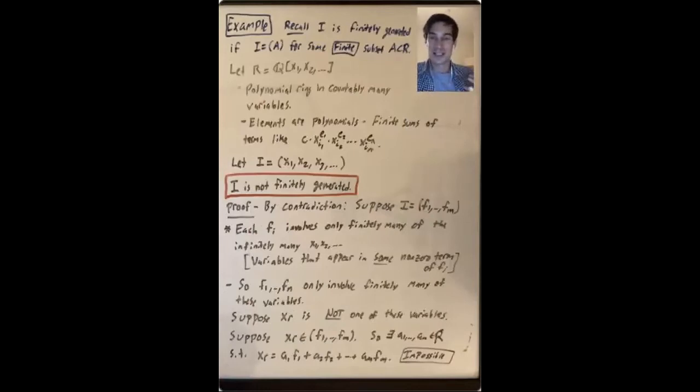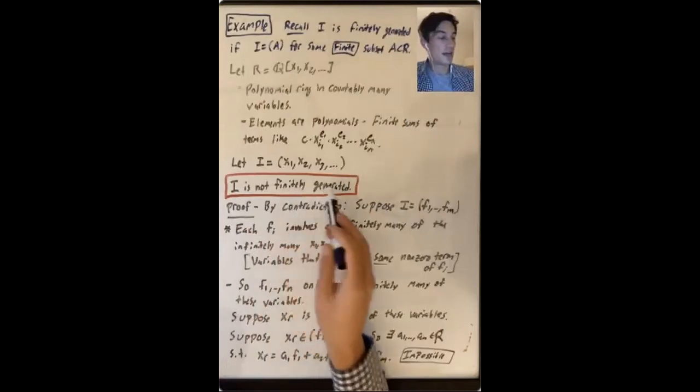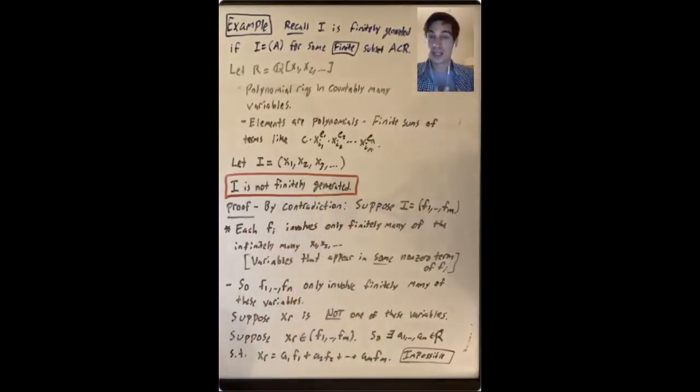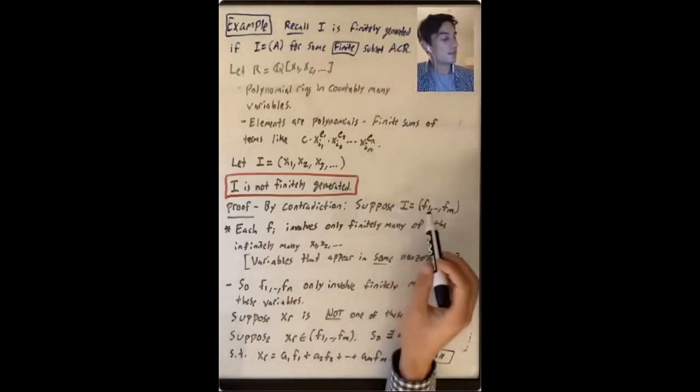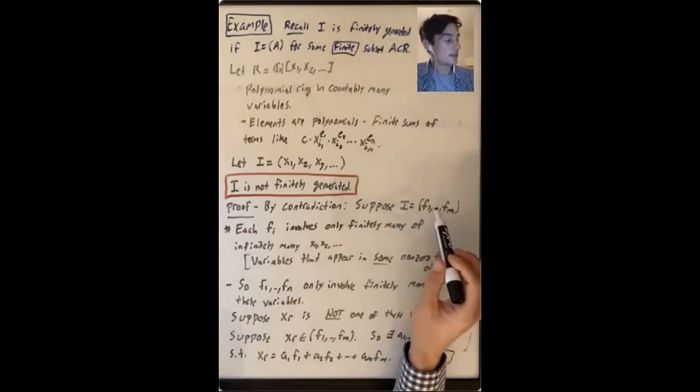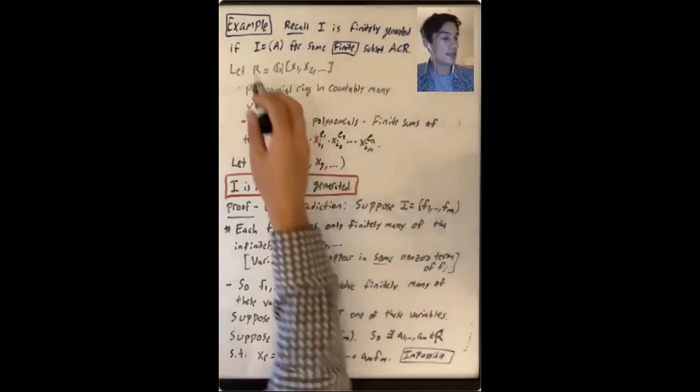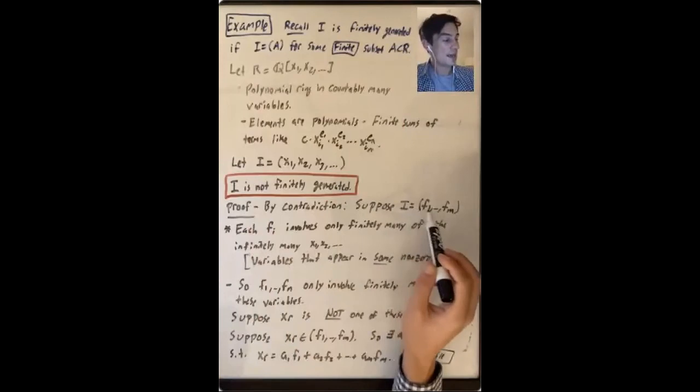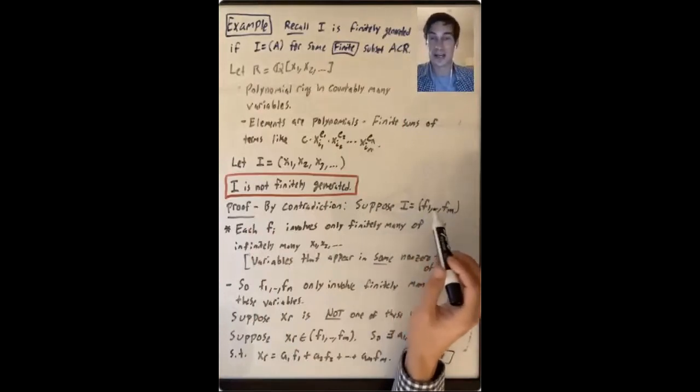Just like arguments that show an ideal is not principal, to show an ideal is not finitely generated, usually these go by contradiction. So let's suppose that I is finitely generated, that there's finitely many polynomials f1 up through fm in this ring R, so that I is the ideal generated by this finite set.